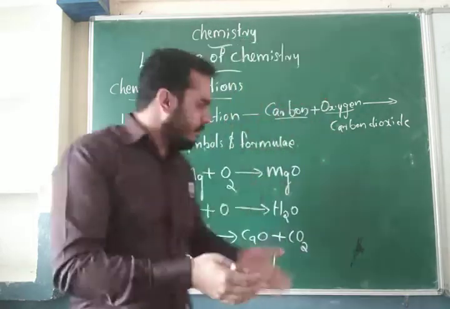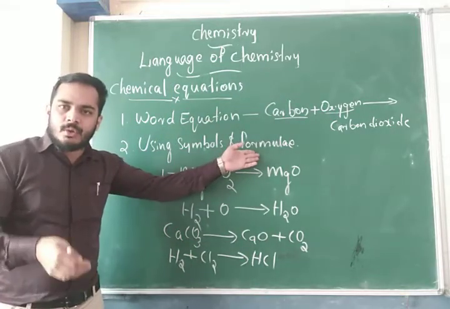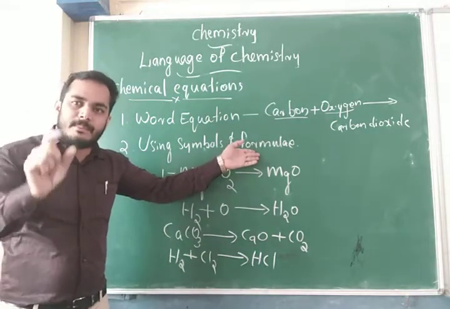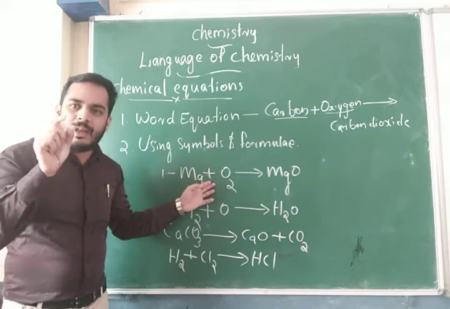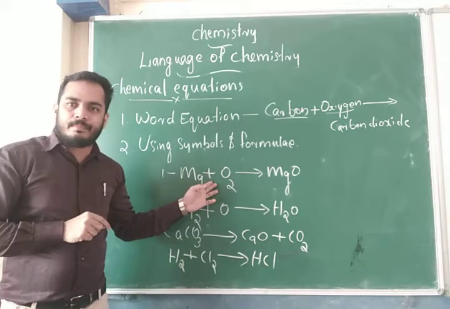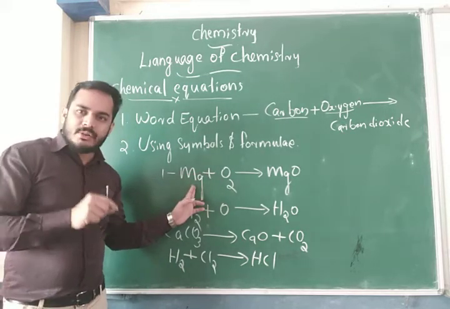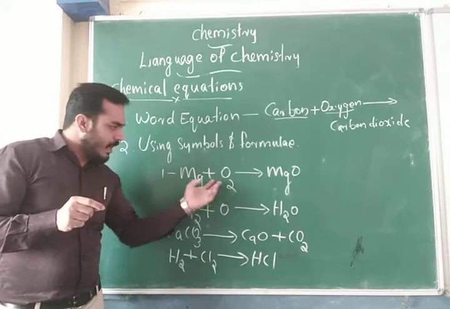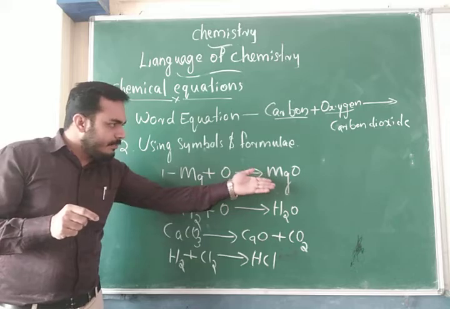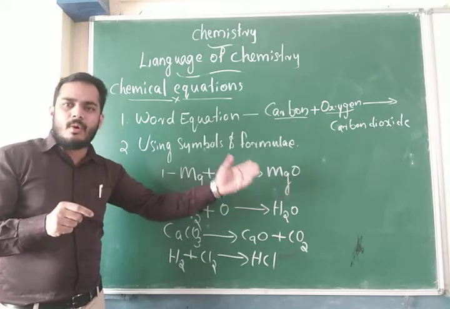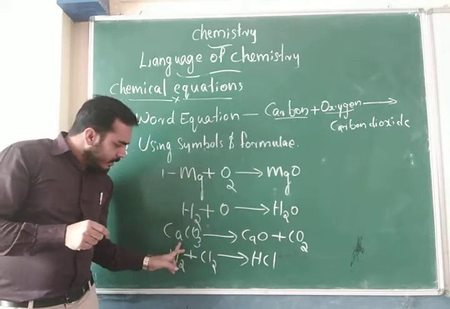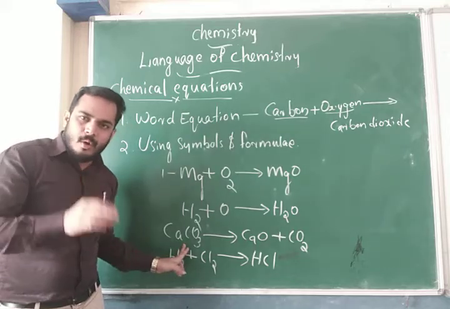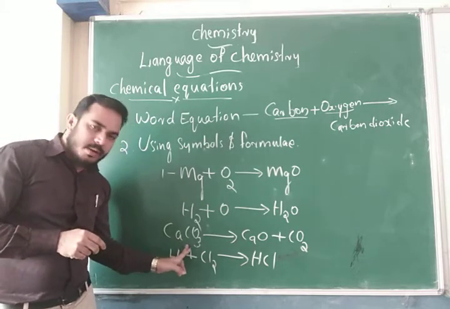And the second one is using symbols and formulas. Here we use only symbols. For magnesium, the short form symbol is Mg, and oxygen is O, which form MgO, magnesium oxide. And here is a compound: calcium, carbon, and oxygen.